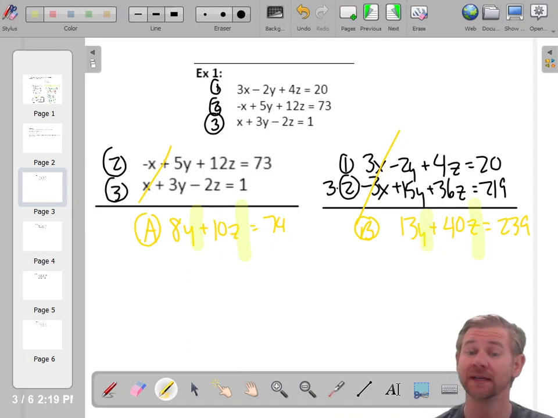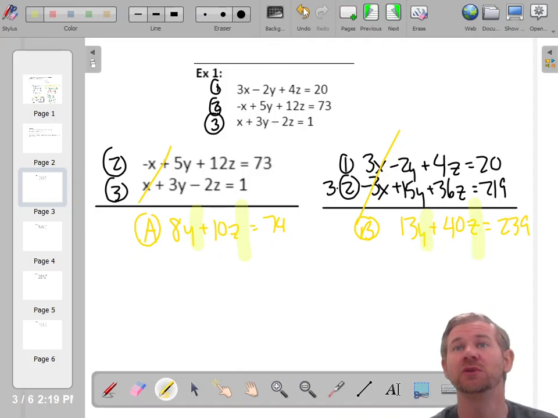So from here, it's just like what we've been doing. You just have to think, okay, what variable can I get rid of now? And I'll look at my y's and say, well, 8 doesn't go into 13, so maybe I can look at my z's. 10 goes into 40, so I need this to be negative 40 so that those cancel, but again, you have to multiply by negative 4.